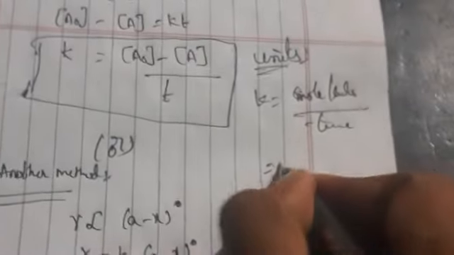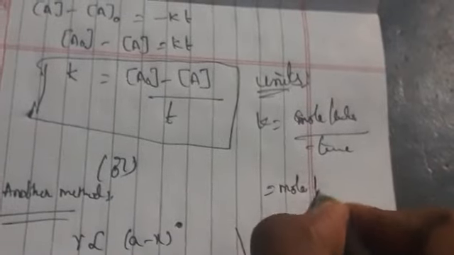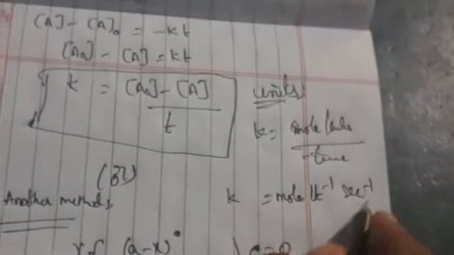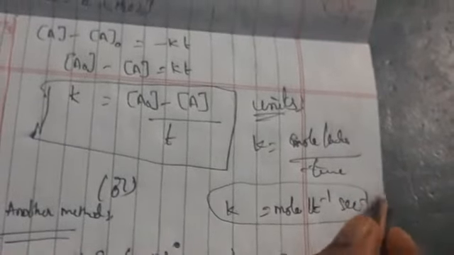So K is equal to concentration, moles per liter, divided by time. The units for zero order reaction will be mole per liter per second. Time is calculated in seconds. So these are the units of a zero order reaction.